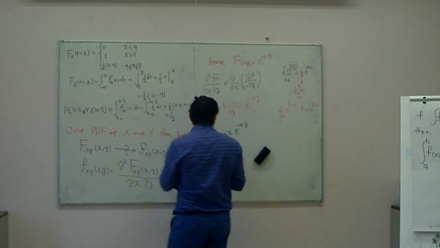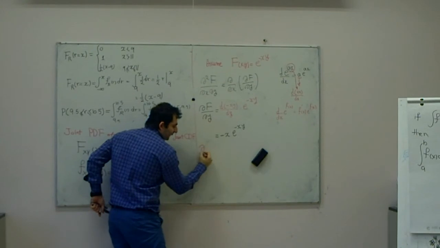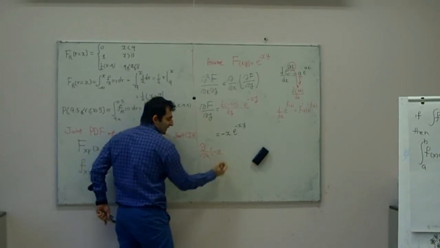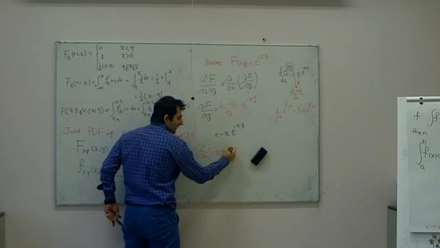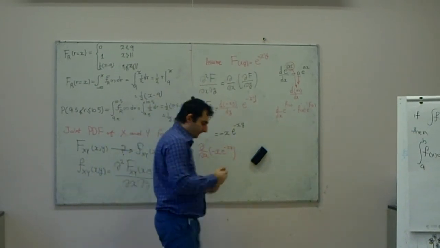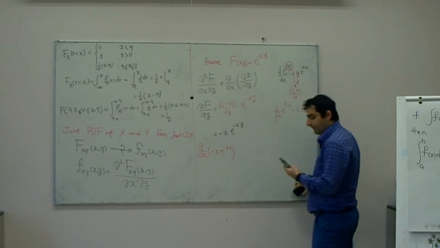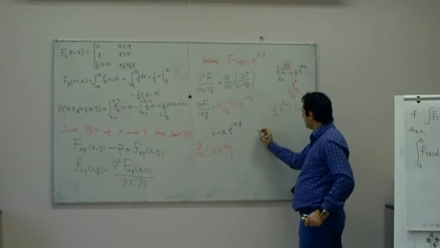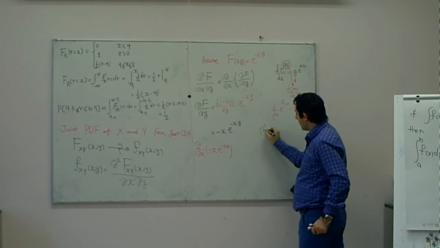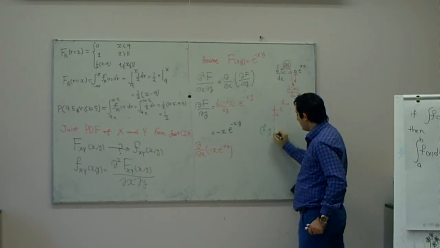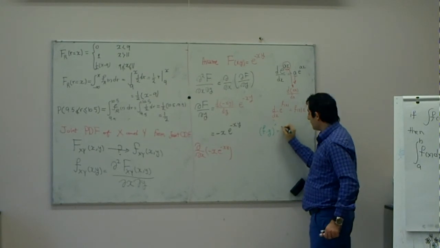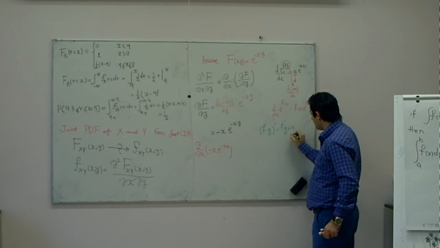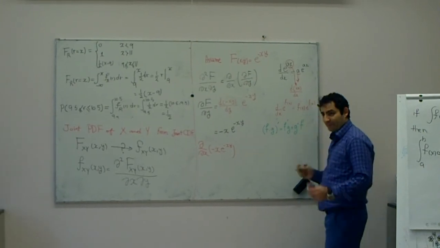Now we continue, and it says that we have to find the derivative with respect to x of this one now. Minus x multiplied by e to power minus xy. Now, one more formula, f multiplied by g, the derivative, is equal to f prime multiplied by g plus g prime multiplied by f, right?